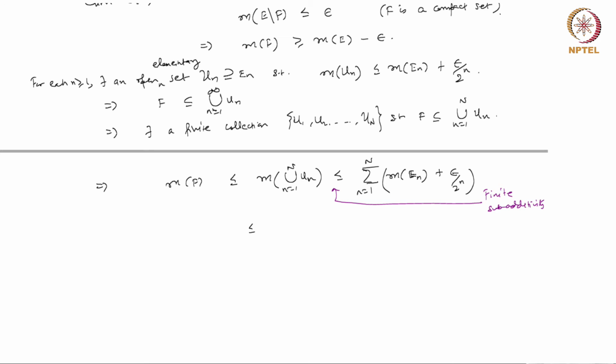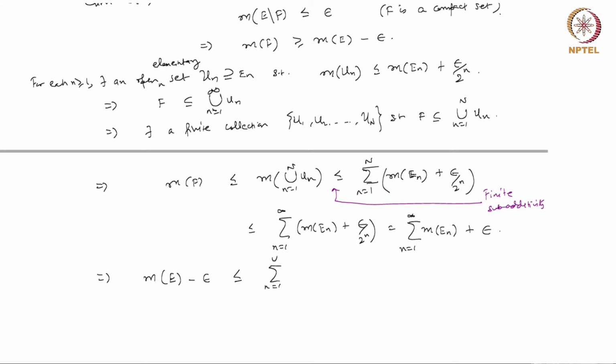So then this finite sum is of course less than or equal to the infinite sum of m En plus epsilon by 2 to the power n, which is nothing but the total sum of m En plus epsilon. And on the other hand, this implies that m E minus epsilon is less than or equal to the sum n equal to 1 to infinity of m En plus epsilon.